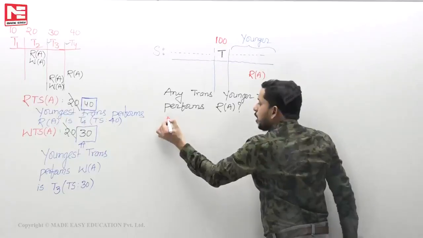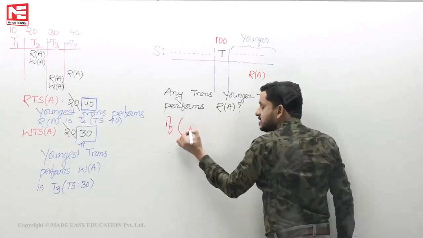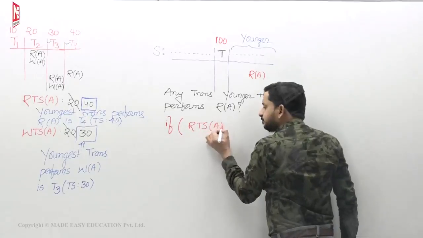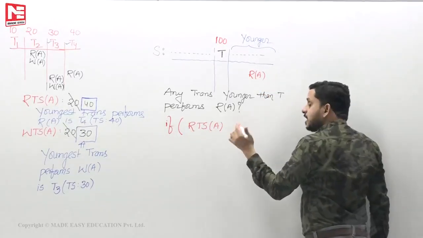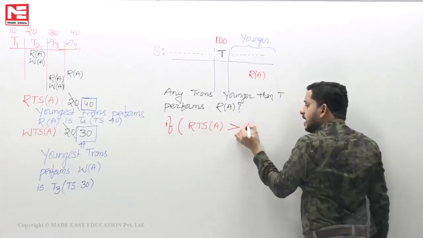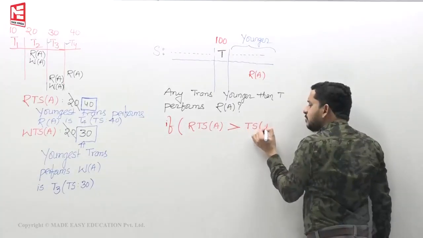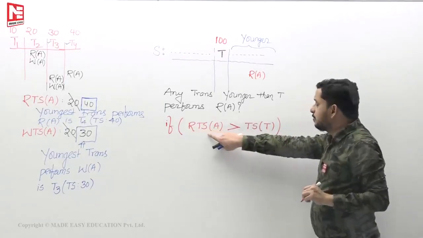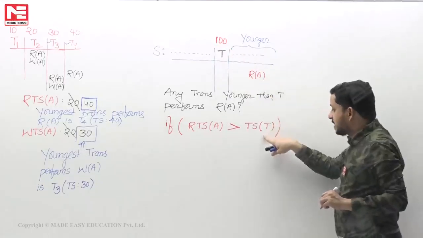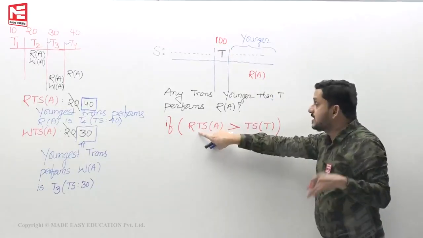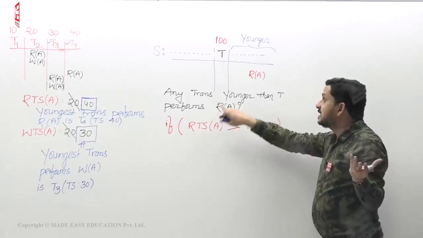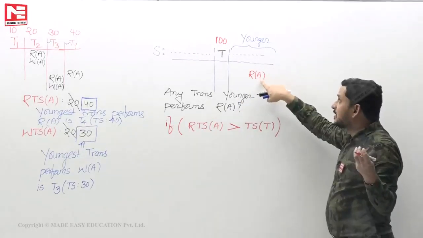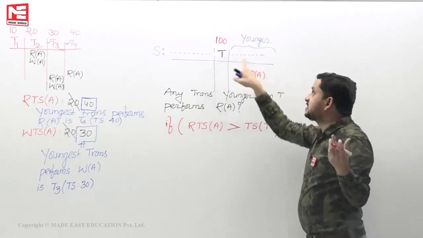Simply, we need one condition test, one comparison: if the current read timestamp value of the data item is more than the transaction timestamp value of T, just think it. Assume the transaction timestamp value is 100, but the read timestamp value of A is more than 100. It means some transaction younger than T did the read.